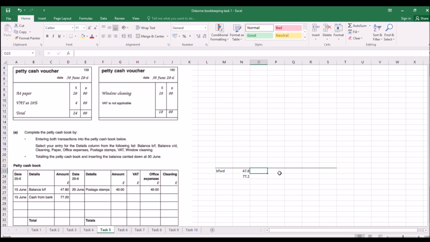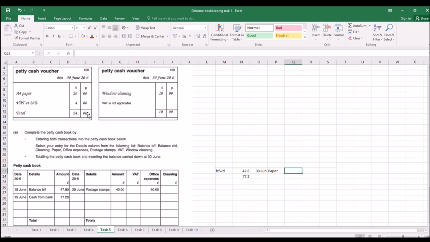So our first one is going to be the 30th of June, and we'll have the details of what it is. So they go on A4 paper. Paper in there, whatever it would be, so we'll just call it paper, shall we? Then we're going to have an amount.